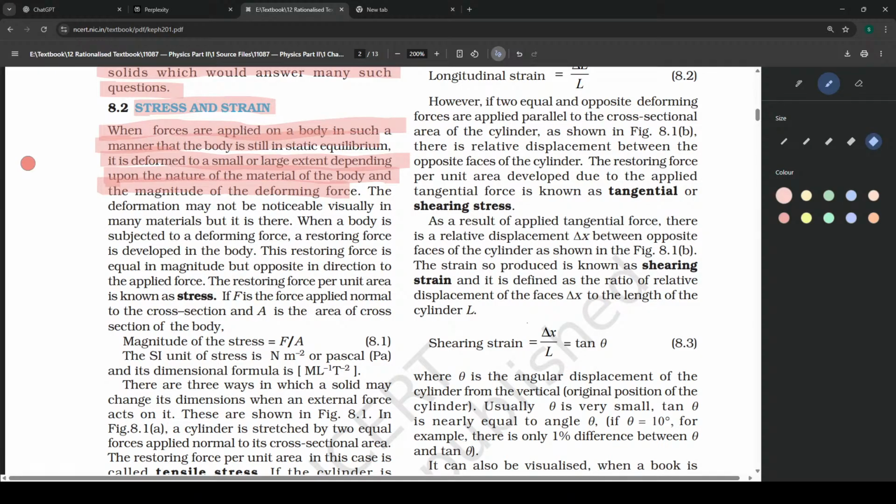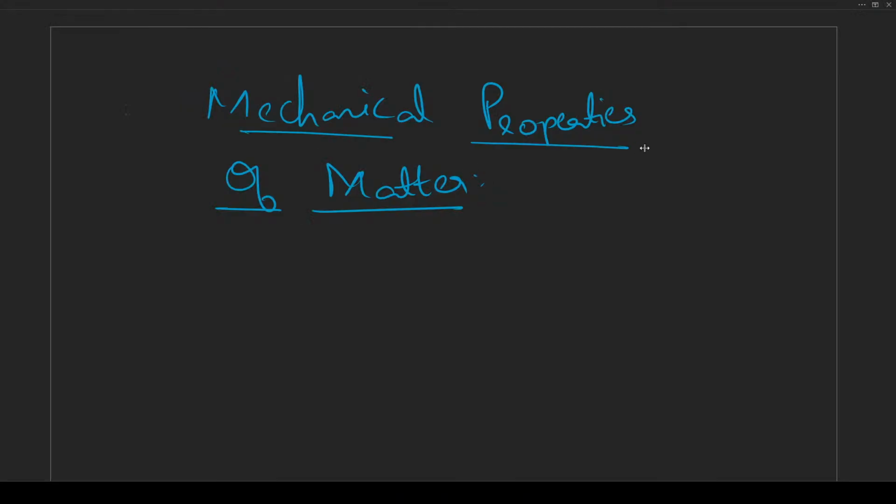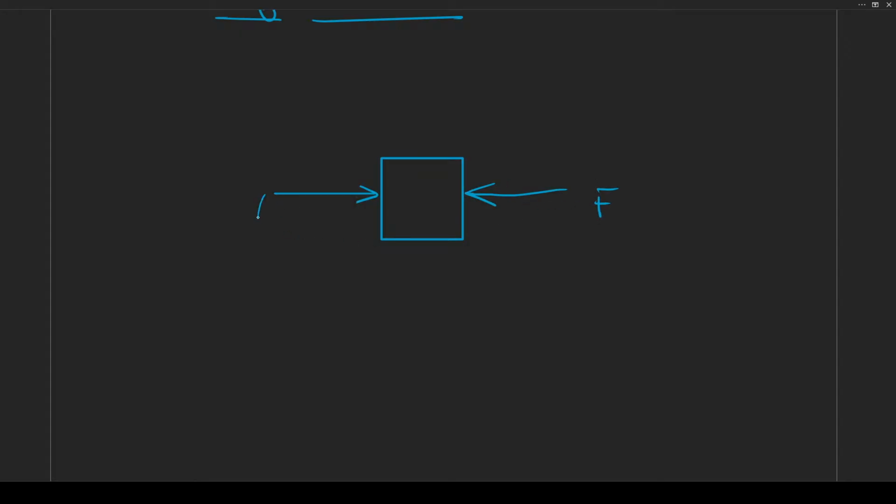What they are saying is, basically, if there is a box like this and we apply a force in this direction and in this direction, the net force on this body is zero. Net force is equal to zero, because they are in opposite direction and equal in magnitude.